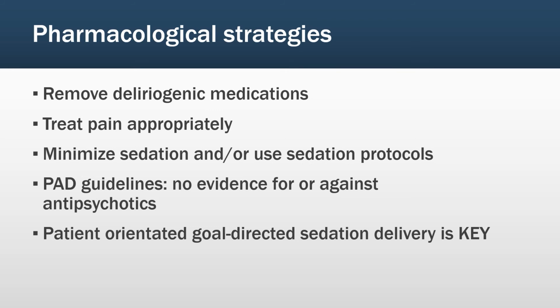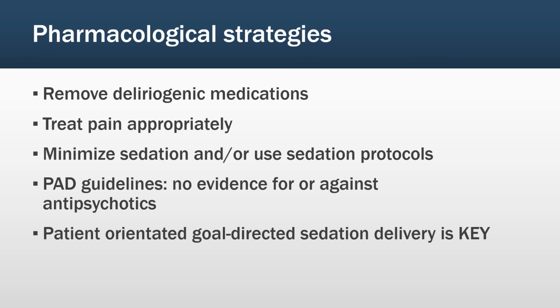Without rational and agreed upon target levels of sedation, it is likely that different members of the healthcare team will have disparate treatment goals, increasing the chance for iatrogenic complications and potentially impeding recovery. Antipsychotics such as haloperidol and risperidone are commonly used to treat delirium, especially of a hyperactive nature.